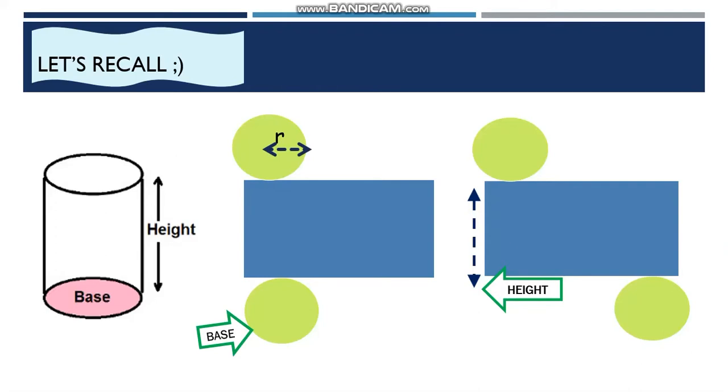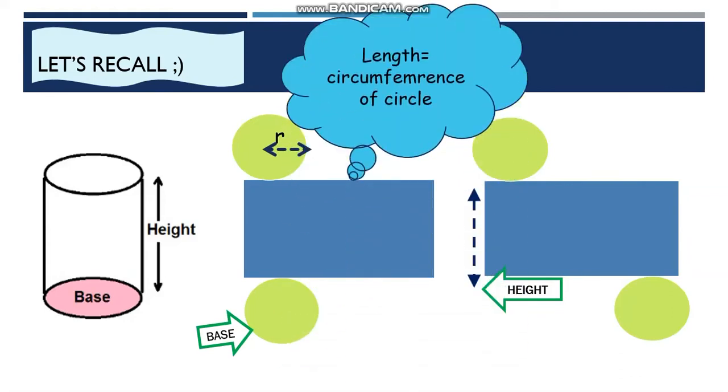What else? Yes, I think you are wondering what the length of the other side of this rectangle is. I think you know this from previous lessons. Yes, the length of this rectangle equals the circumference of the circle.